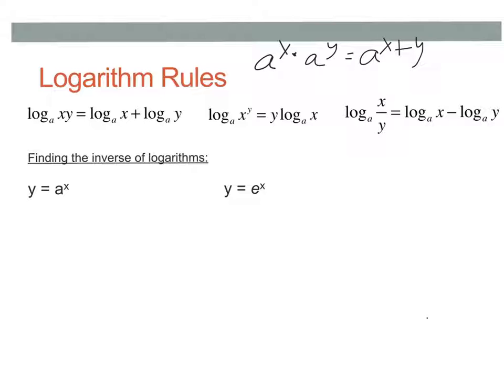In the middle here, when you have this power out here, you can drop it down to the front. And then finally, when it's a division, you subtract. So it's very, very similar to the power laws. I'm going to show you how I want you to use them for this next question.